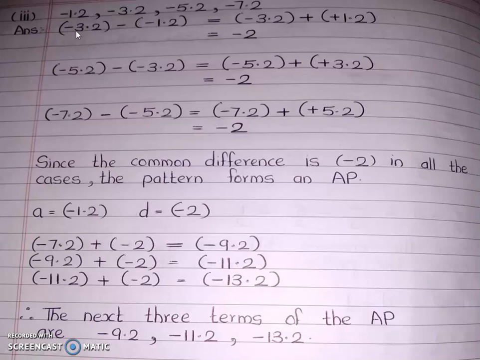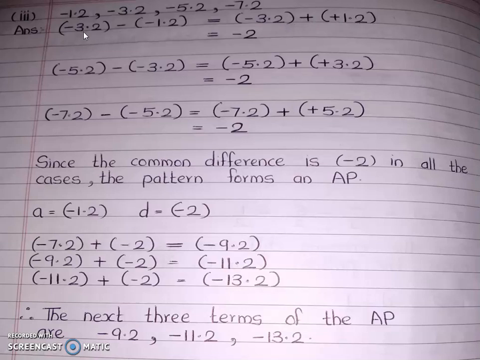Here negative 3.2 minus negative 1.2. This is the subtraction rule of integers which I told you. Here it is negative 3.2 plus positive 1.2.